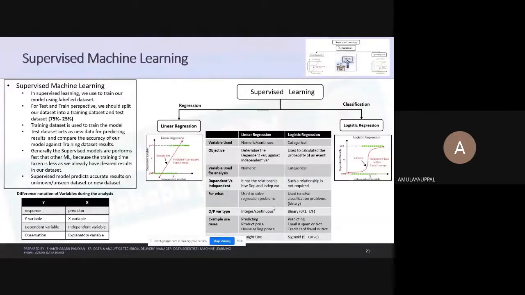But in the regression problem, the data set will be used to classify things like a dog, a cat, an elephant. For classification, it can be which type of species it is, like which type of dog breed it is. That can come in classification. Whereas in regression, we can say it is an elephant, lion, or a dog, something like that.